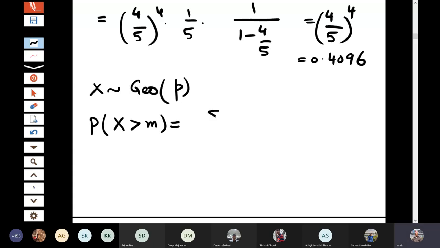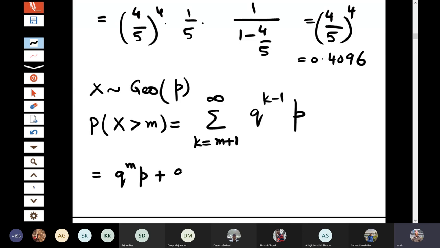Greater than m means that till m trials the success has not been observed. So the success starts from the m plus 1th trial onwards, q to the power k minus 1 times p. So the terms are q to the power m p plus q to the power m plus 1 p and so on.